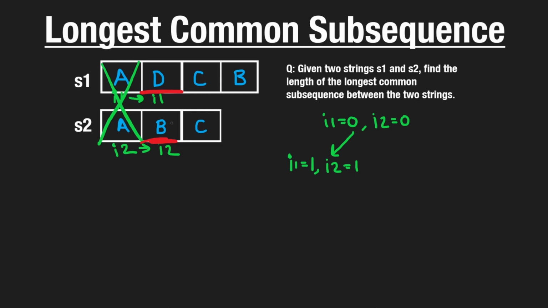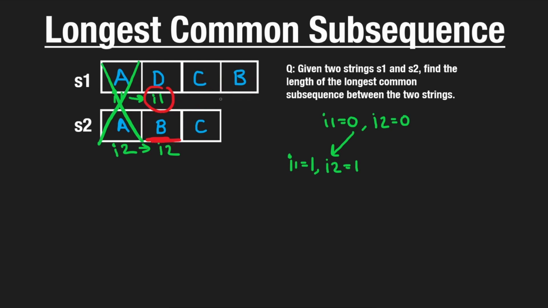Well, it's sort of a proof by contradiction. We see that obviously these two are not equal. So if we want to find a common character between these two strings, we have to shift one of these pointers. Maybe we can find a B character, in which case we would take I1 and shift it and try to eventually find a B character so that this character could match with a different character.